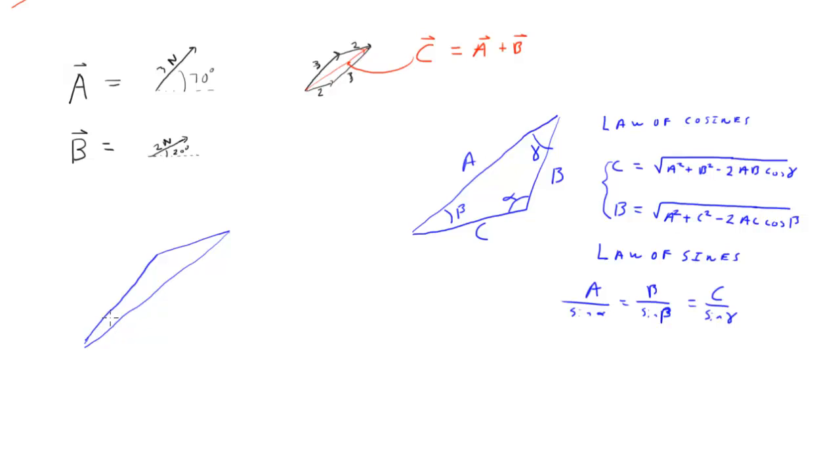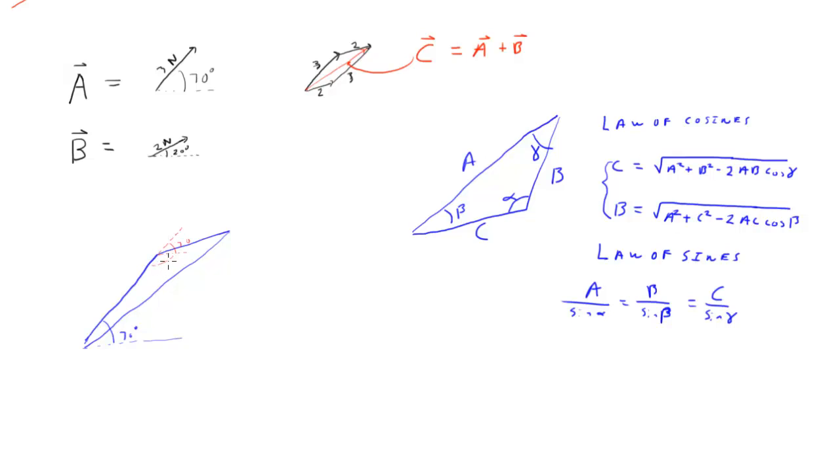Right? Now, we know that this angle is 70 degrees. That means that this angle is 70, right? So from here all the way back over here, this is a straight line, has to be 180.